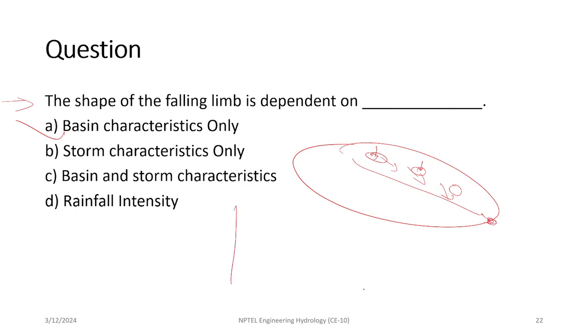And that is why you have always noticed that the time to reach the peak is always less compared to the falling limb. The falling limb will go like this. It will take time. Why? Because the water which has been stored in the depression will take time to reach the outlet. So that is why this part will take more time.